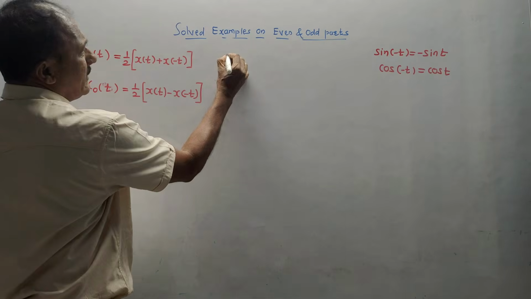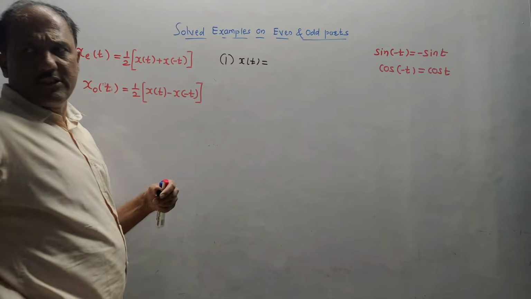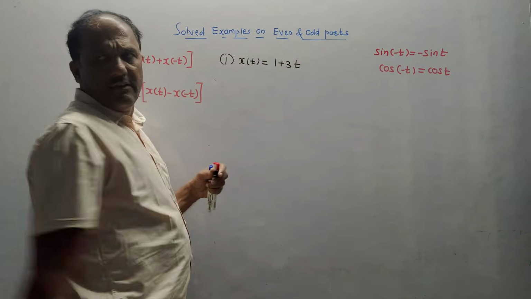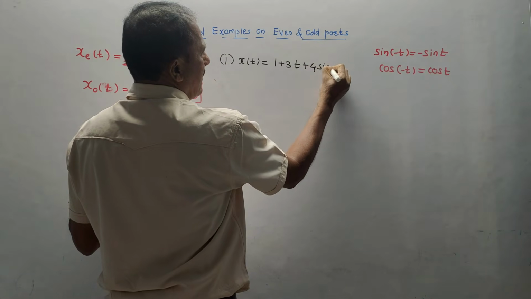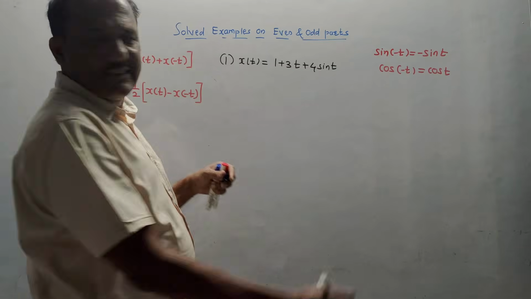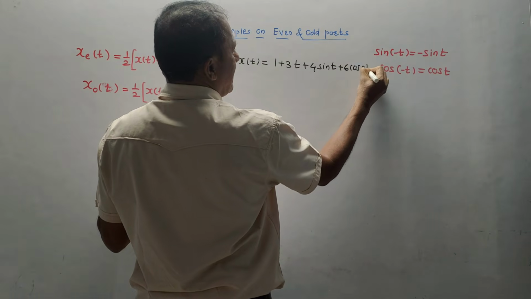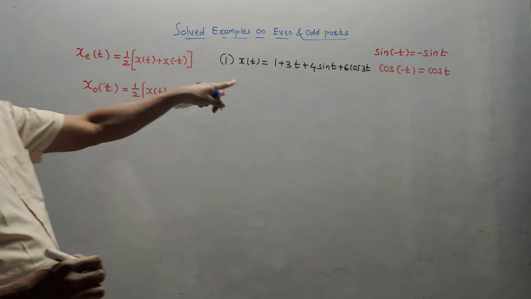Consider first numerical. Suppose given equation is x of t is equals to 1 plus 3t plus 4 sine t plus 6 cos 3t. This is the given numerical and it is asked to calculate even and odd parts.